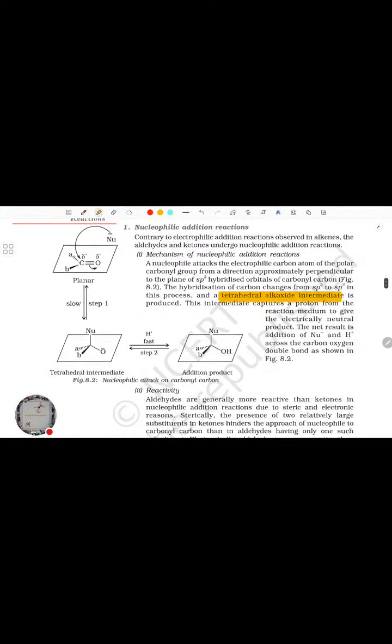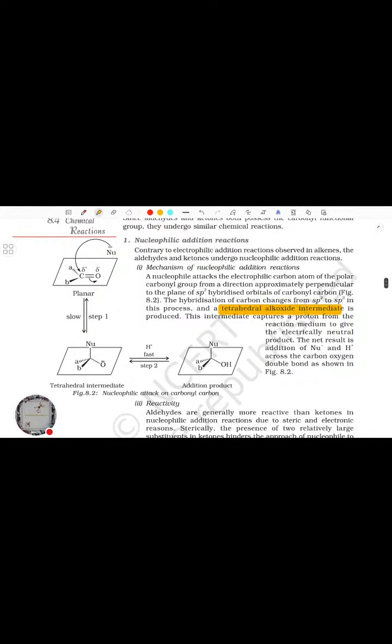So the intermediate that we are obtaining in this particular process is the tetrahedral alkoxide intermediate. This intermediate captures a proton from the reaction medium to give the electrically neutral product. The net result is addition of nucleophile and hydrogen H plus across the carbon oxygen double bond as shown. Okay, so we are having a certain mechanism of nucleophilic attack.